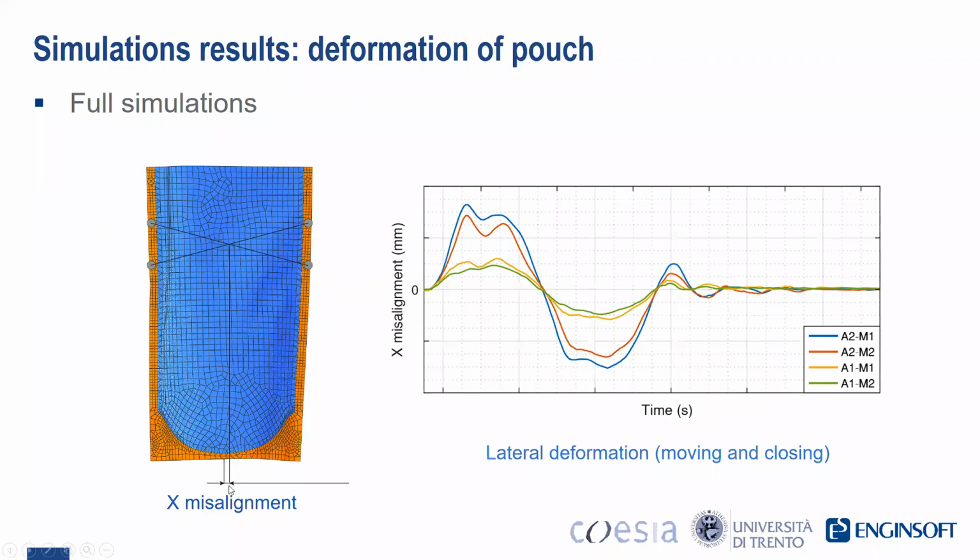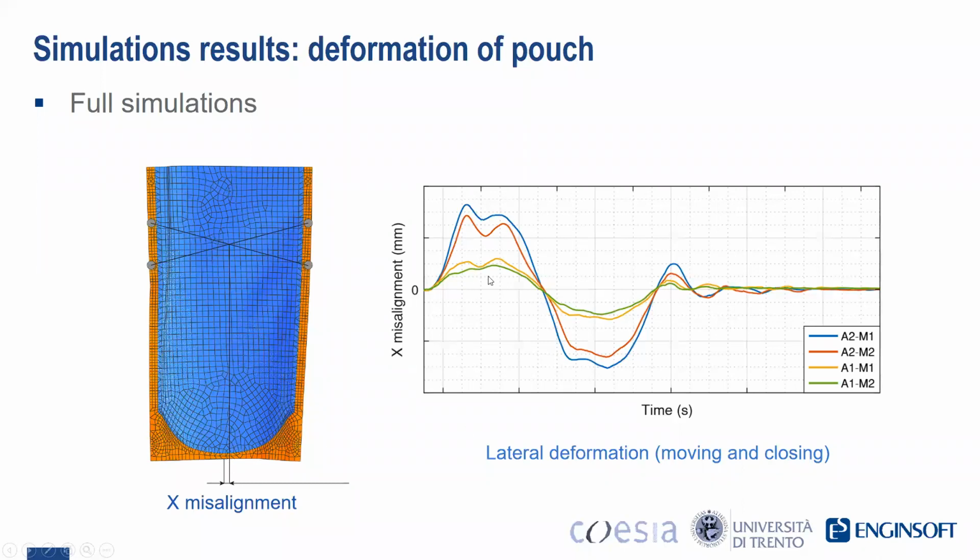We see the misalignment in the x direction between the barycenter of the pouch and the center of the pouch here, and we can see that for different speed, for different opening and for different material, we have a different type of misalignment or deformation of the pouch. So this point moves farther away from the center at the bottom.